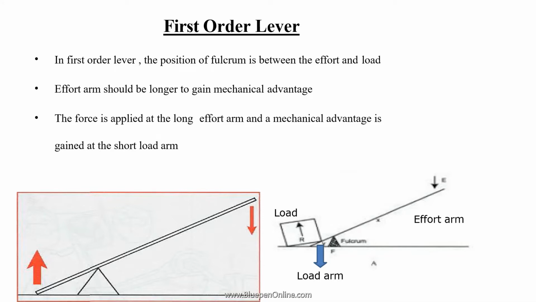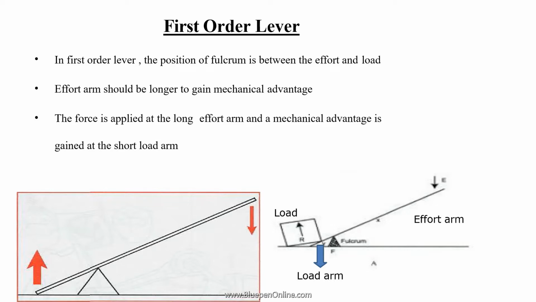And here, the effort arm should be longer to gain the mechanical advantage, right? This arm should be longer in order to get a mechanical advantage there. We apply the force in the long effort arm, right? Consider this as your forceps. We apply the force in the long effort arm and the advantage is gained here, which is a short arm.